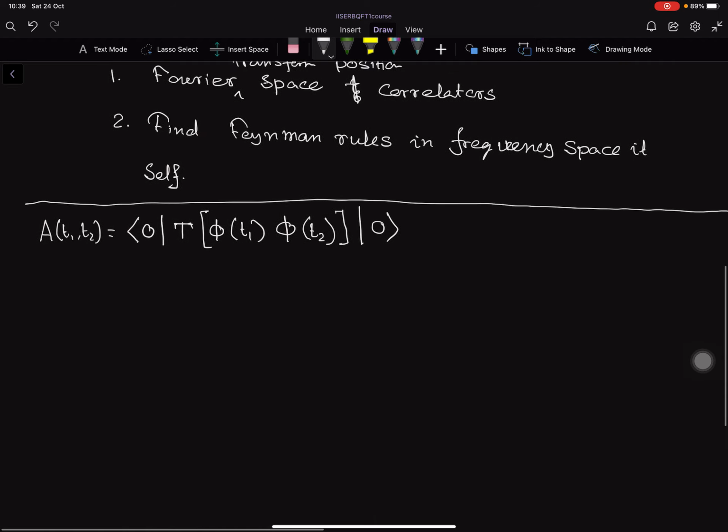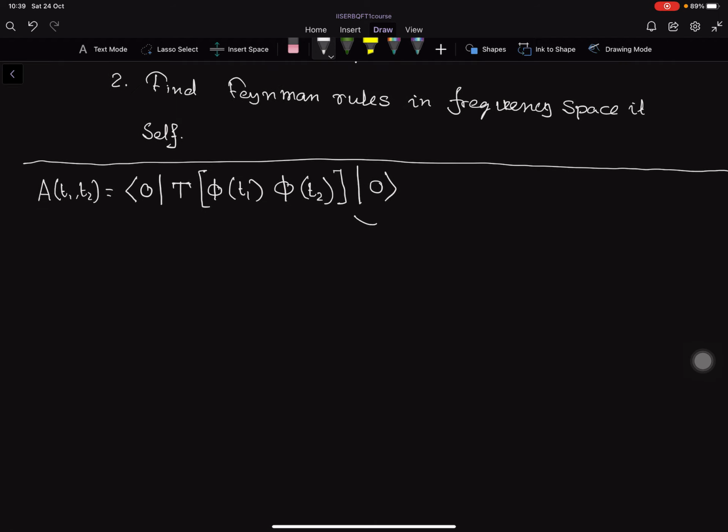This is just the Feynman propagator. Then what about the frequencies?